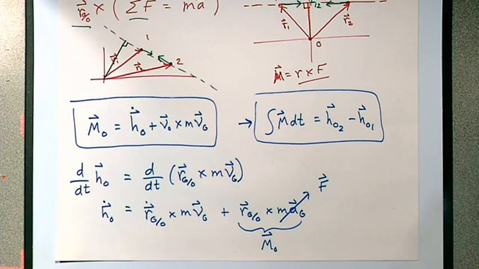But I got to keep track of this other one: the velocity of O crossed with mass times the velocity of G. This guy doesn't always cancel. So when we put this back together and rearrange, we're going to be left with that equation we started with today. My moments are equal to the time rate of change about point O plus my velocity of O crossed with mass times my velocity of G. This is the full case.